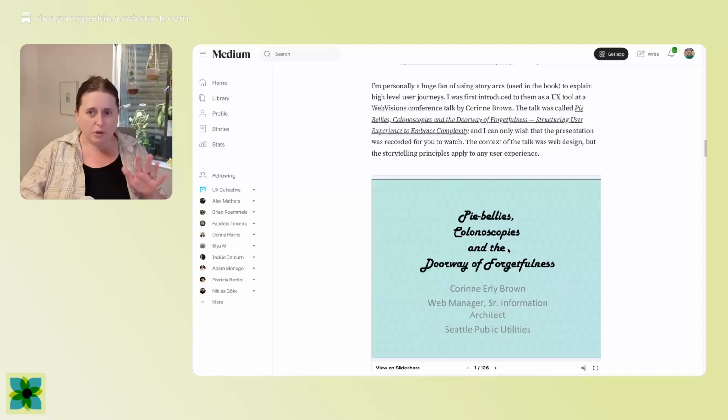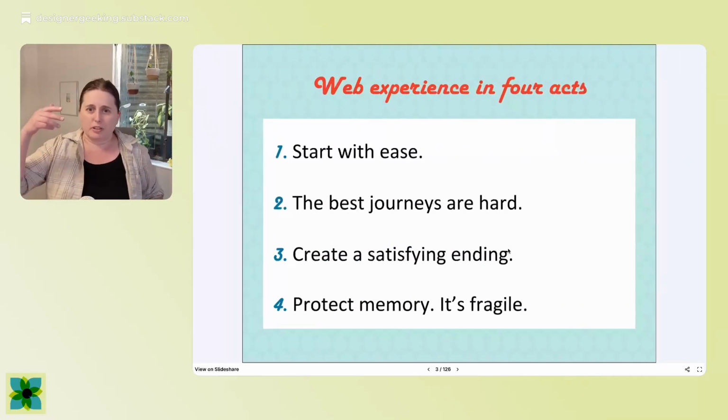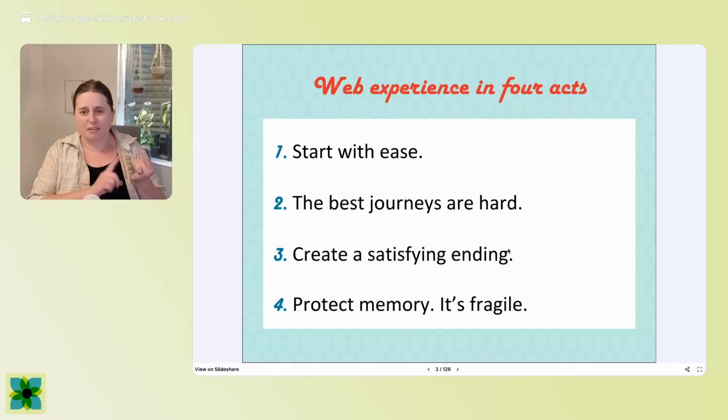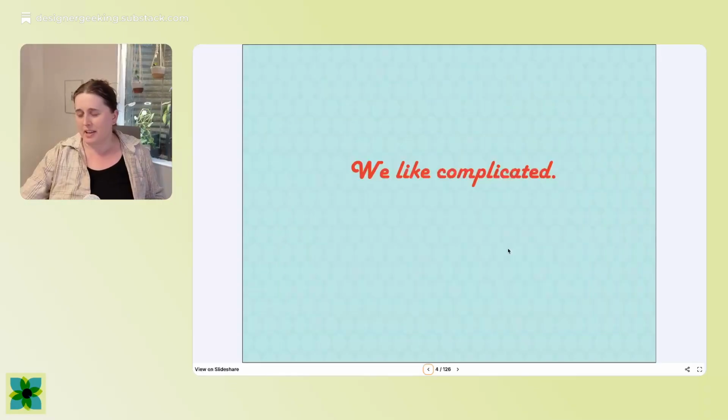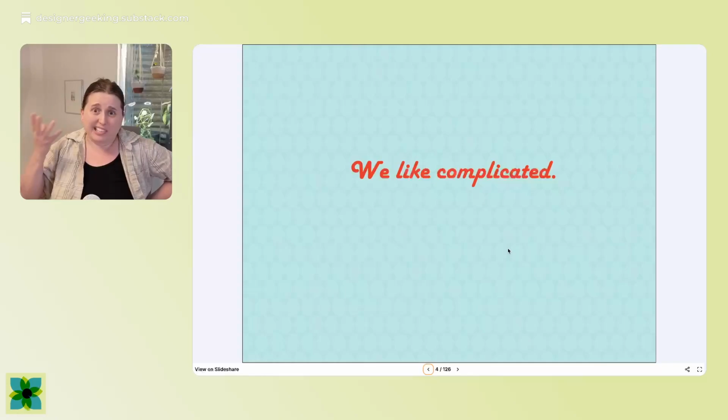I'm not going to go through all the slides here, but I just want to pull up a few of them. She introduces this idea that you can treat a web experience in 4 acts: you start with ease, the best journeys are hard, you need to create a satisfying ending, and you need to protect memory. It's fragile. She started off by explaining that we as humans actually like complicated.